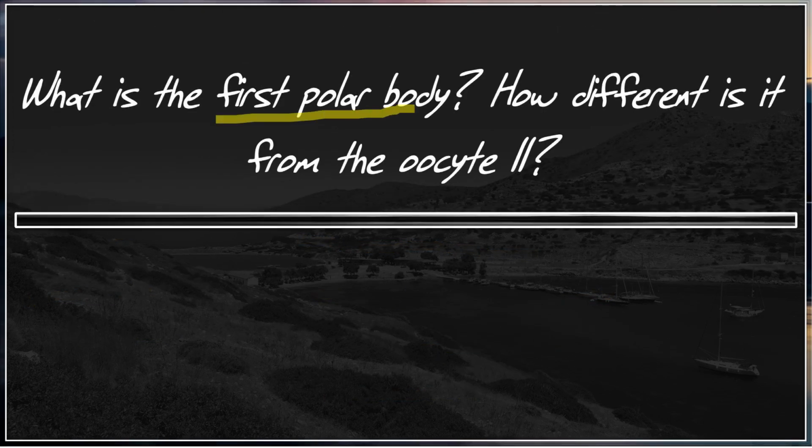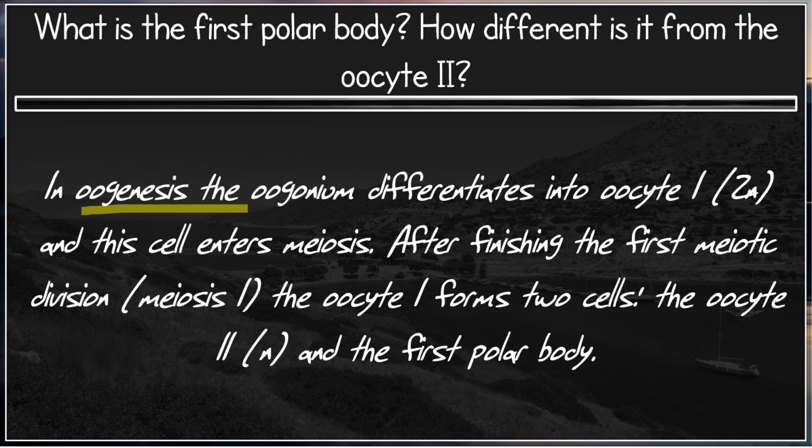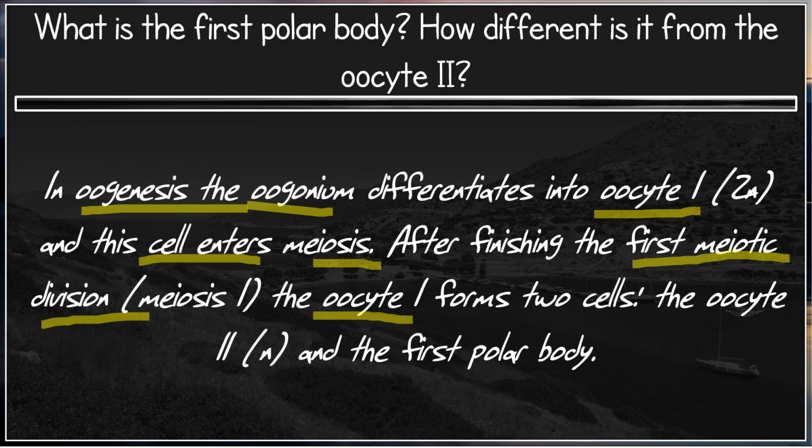What is the first polar body and how different is it from the oocyte 2? In oogenesis, the oogonium differentiates into oocyte 1, diploid, and this cell enters meiosis. After finishing the first meiotic division, meiosis 1, the oocyte 1 forms two cells, the oocyte 2, which is haploid, and the first polar body.